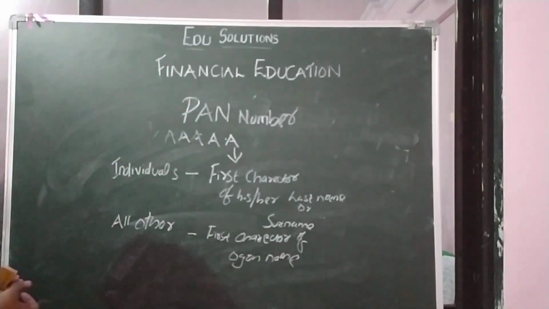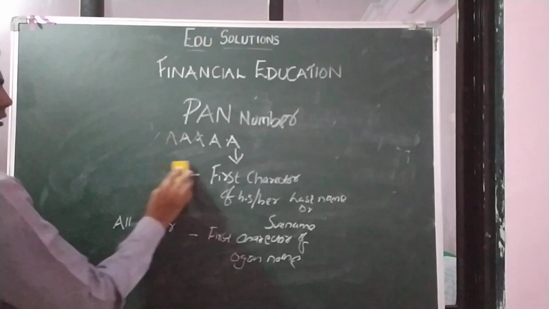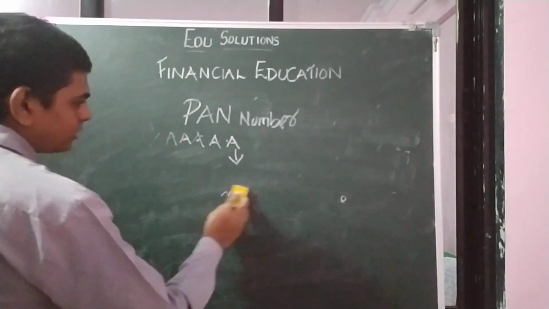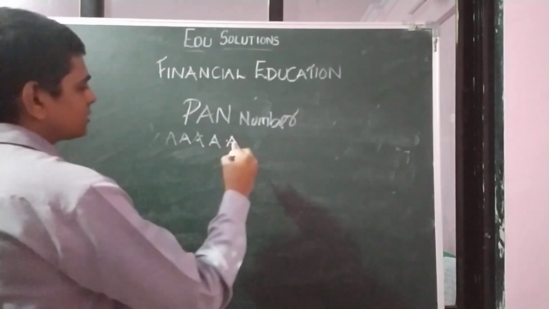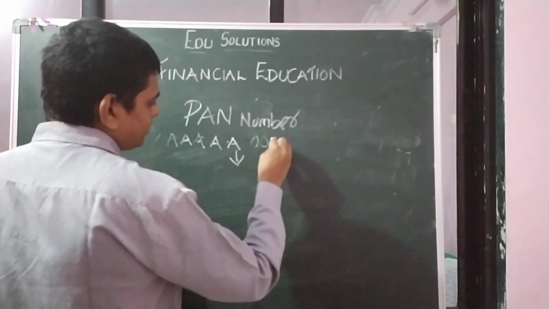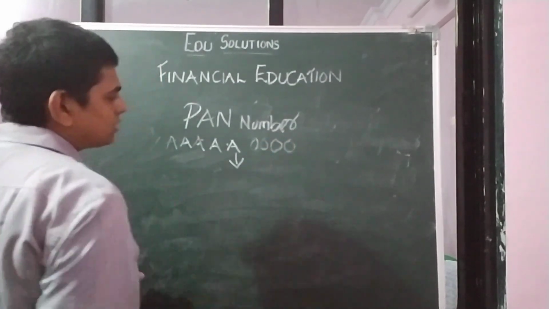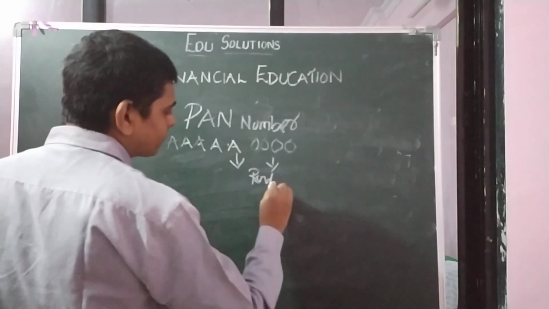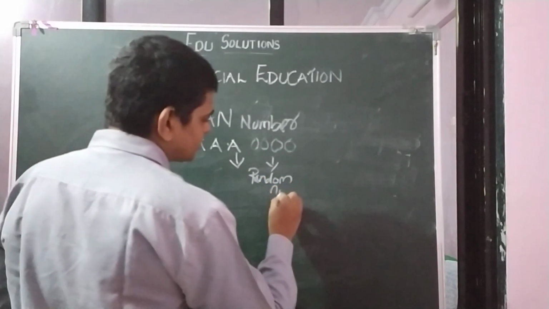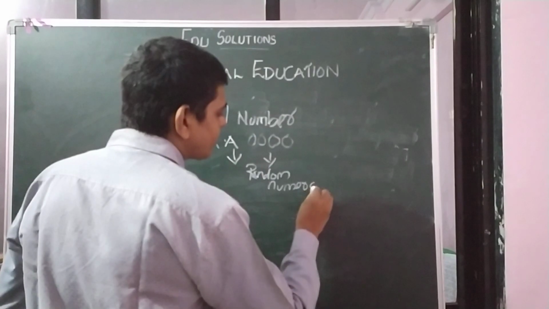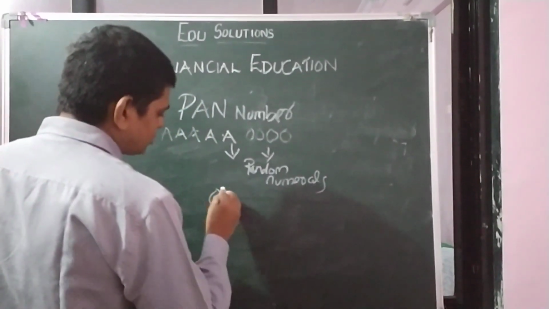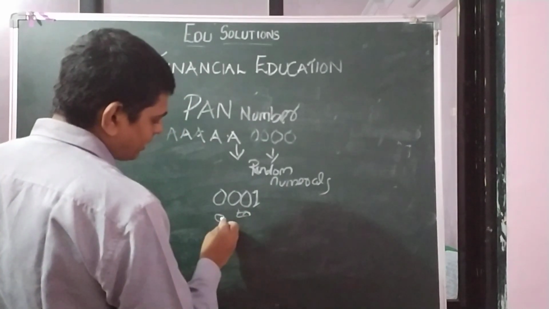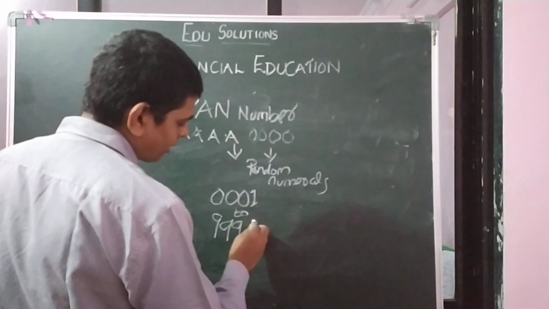So we have revealed the fifth character now. Now let's see 6, 7, 8, 9. These four are random numerals ranging from 0001 to 9999.